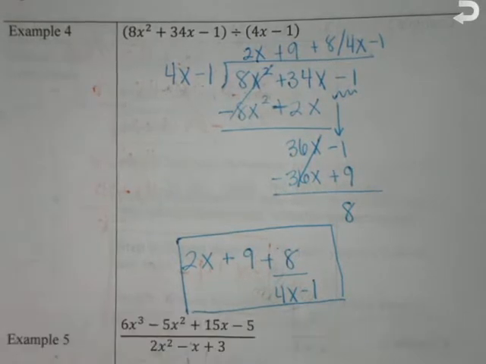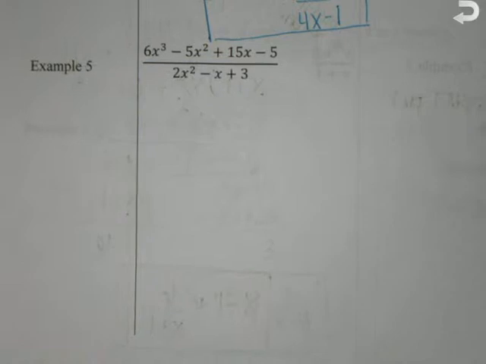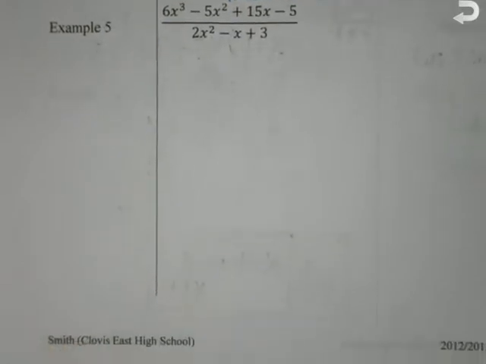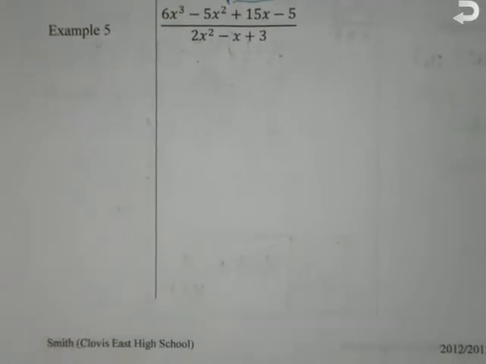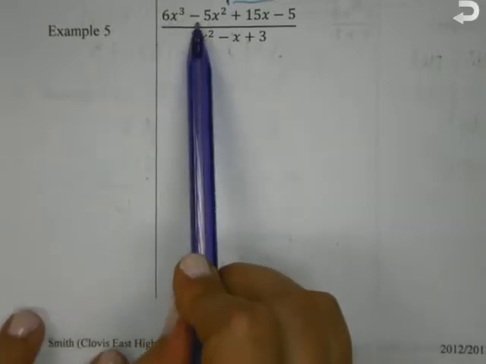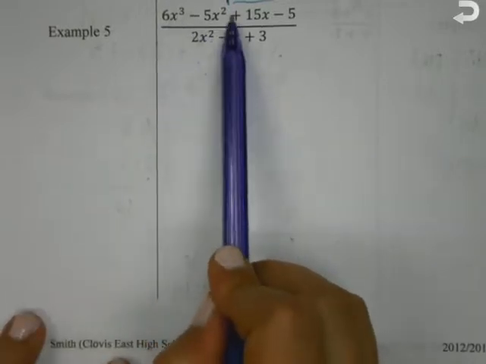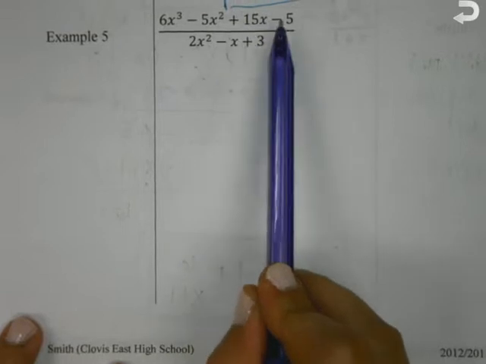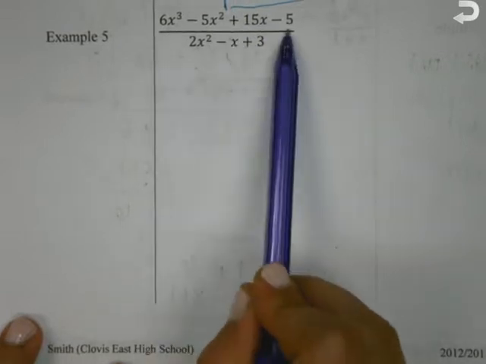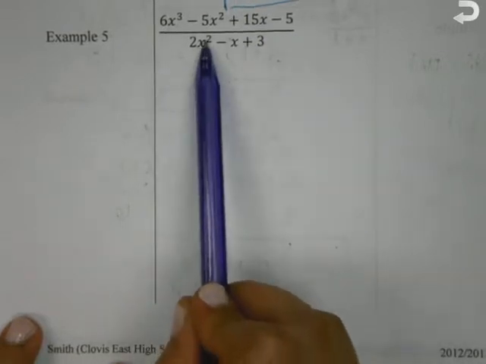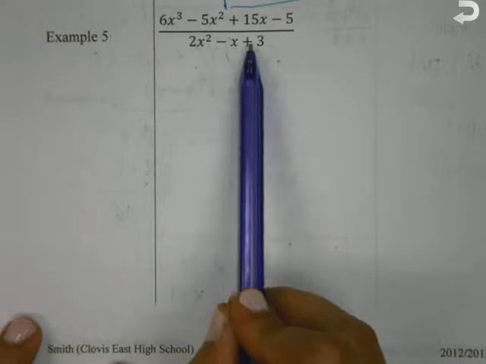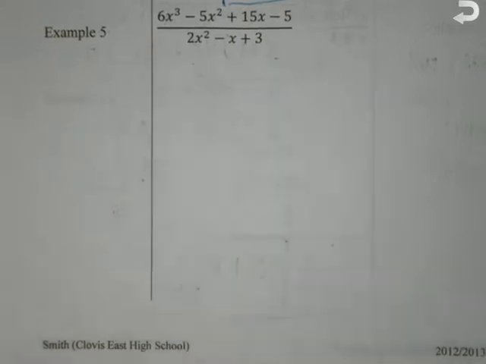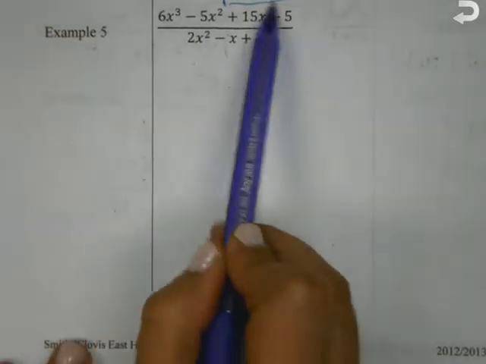We have 6x to the third minus 5x squared plus 15x minus 5 divided by 2x squared minus x plus 3. Before I rewrite it, in the numerator, am I missing any terms? No. In the denominator, I have x squared, I have x, and then I have a number.